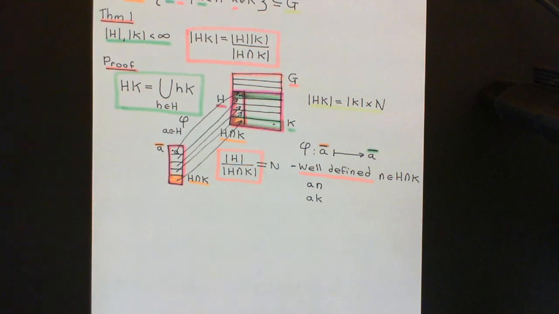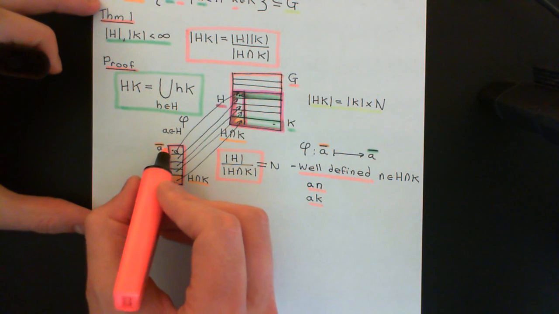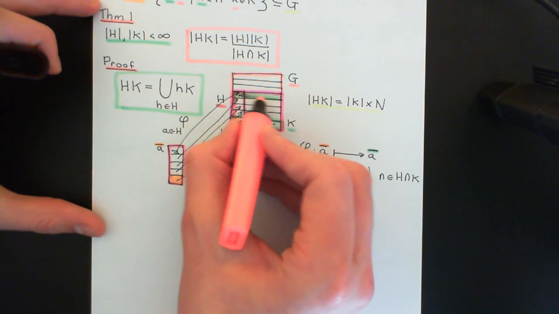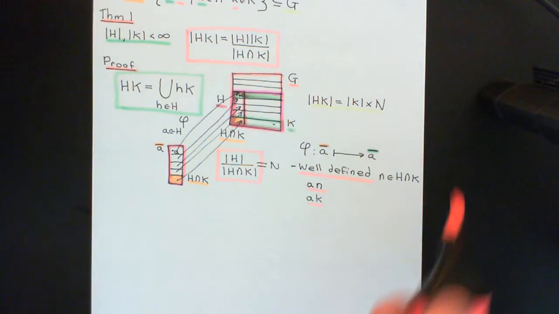Okay, so that shows that it is well defined, and if you haven't understood that argument, all I'm trying to say is that no matter what representative you pick in this coset here, it will always be in the same coset, and therefore the answer in terms of the coset over here will always be the same.